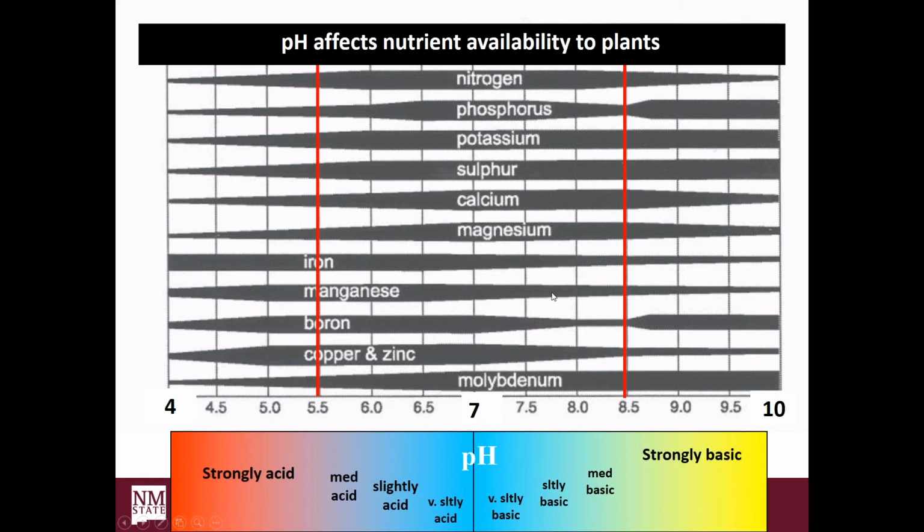Manganese the same way, boron after 7, and then copper and zinc are also difficult to keep available for our plants. Molybdenum, on the other hand, is much more tied up in our acidic soils, so normally we haven't seen anything related to molybdenum in these parts.